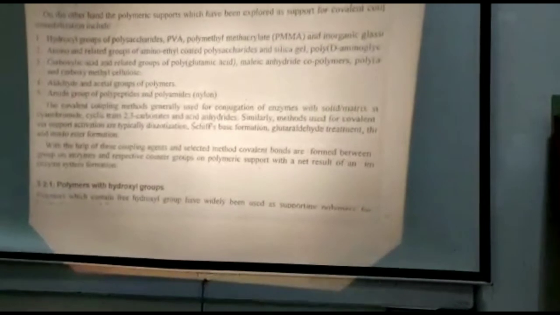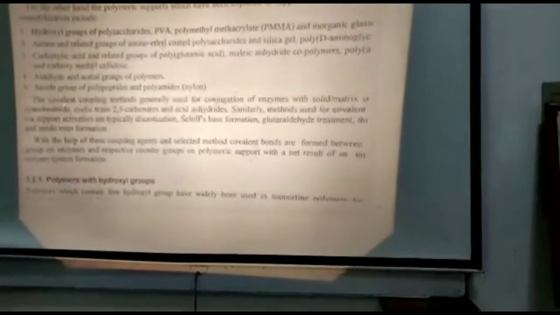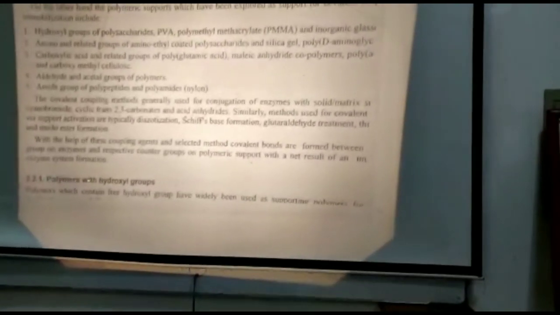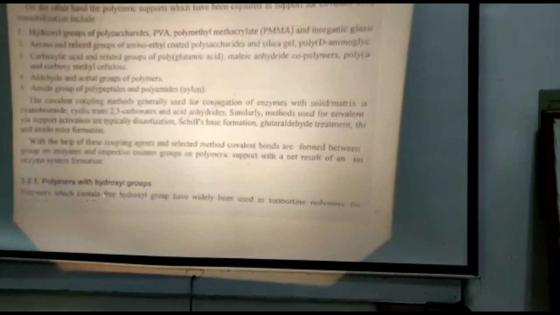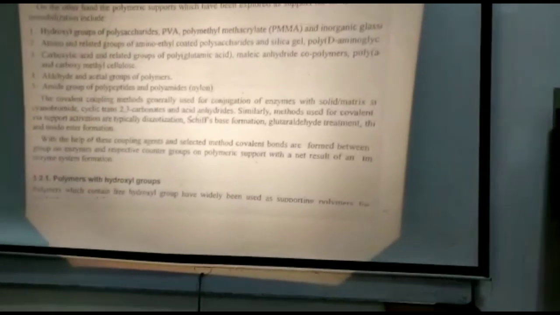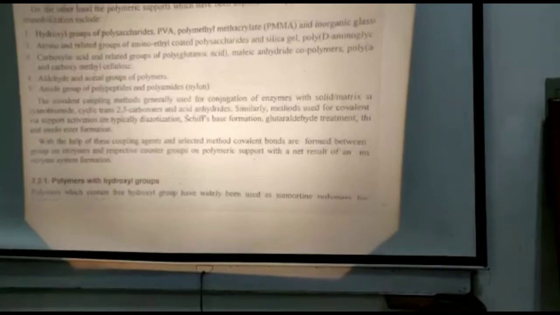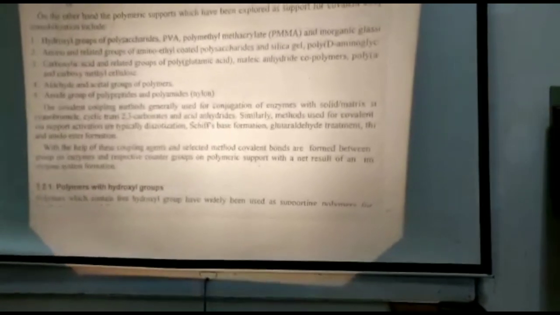Next we are dealing with the polymers with hydroxyl groups. We will be discussing these later on. Thank you very much. If any question is there, you can read it out and let me know.